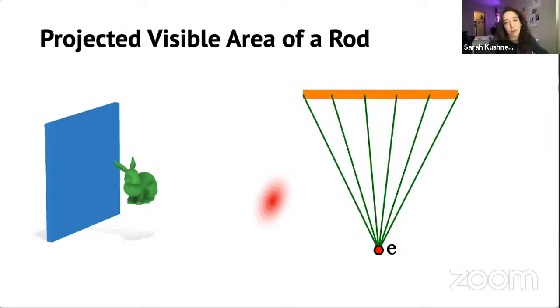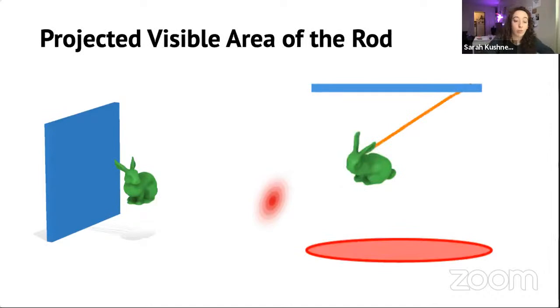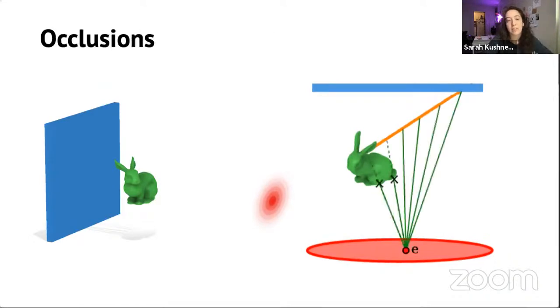And we integrate over the rod by uniformly sampling points and shooting rays from the viewpoint. But this does not account for occlusions. So in this example, say we're trying to compute the visibility of this rod in the scene with the bunny. We can see that actually some of the rod is invisible because the bunny is blocking it.